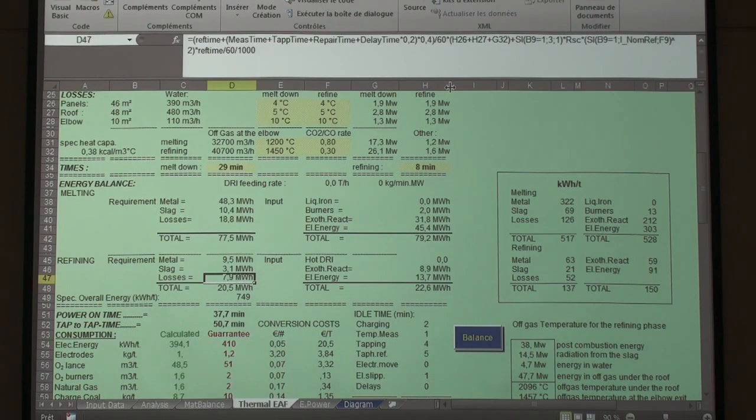So measuring time, this is the temperature measurement, tapping, repair, etc. So I have delays I count for melting, and delays I count for refining. So again, the energy losses from the panels and the roof, and the off-gas. G32, this is this one here.